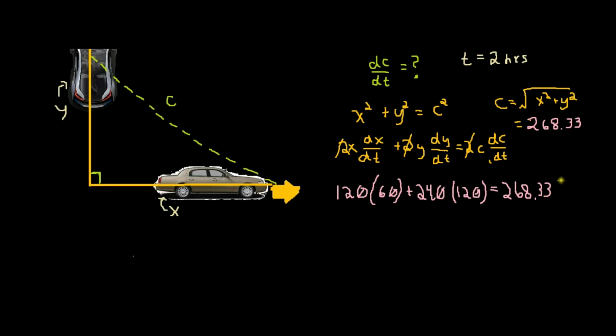268.33 times dc/dt, which is what we're looking for.